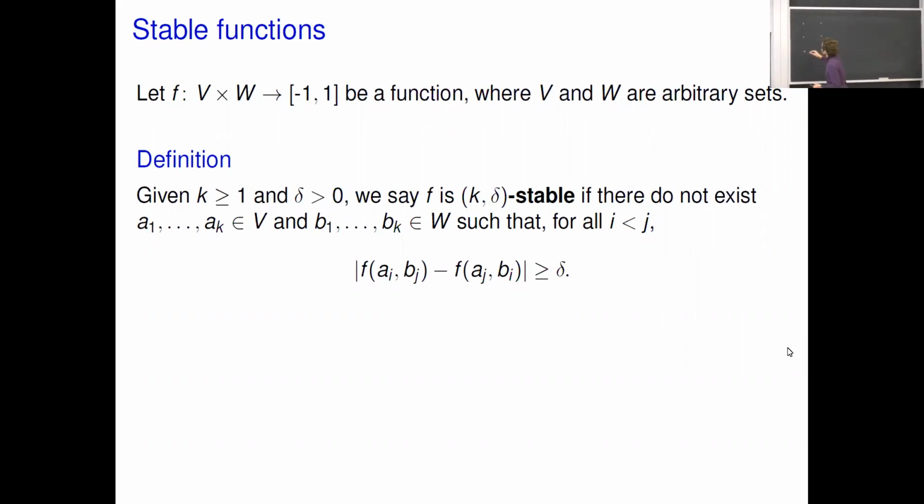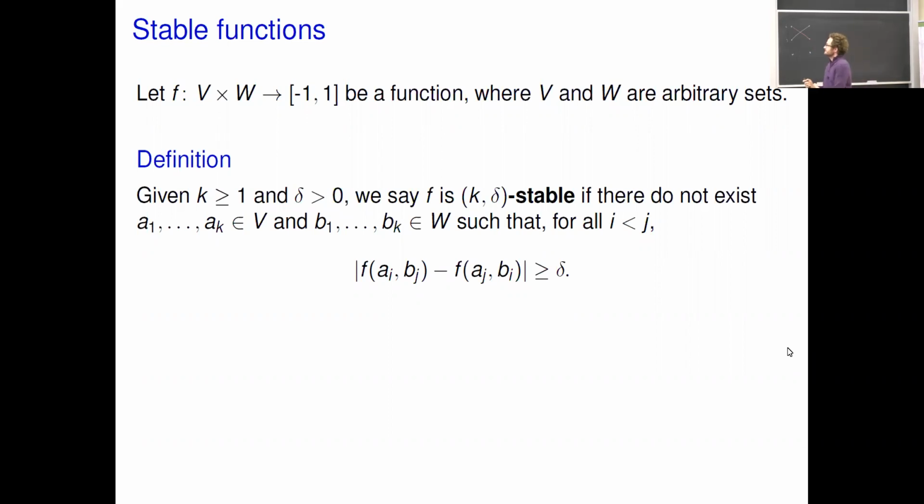When I look at the value for any i less than j, if I look at the two values of the function across these diagonals, they're different by at least delta in absolute value. So it's kind of like this half-graph situation where I have this disagreement looking across the two ways of ordering the i and the j.